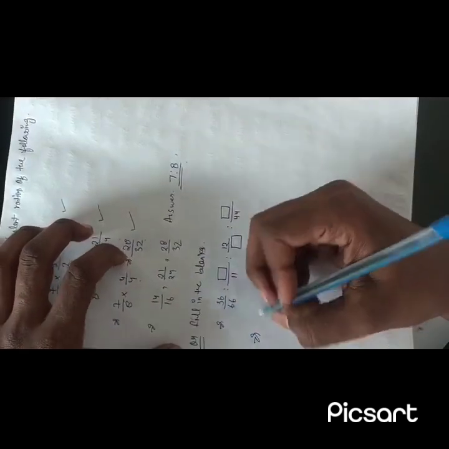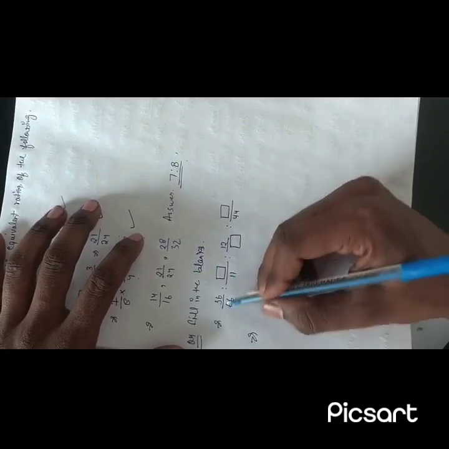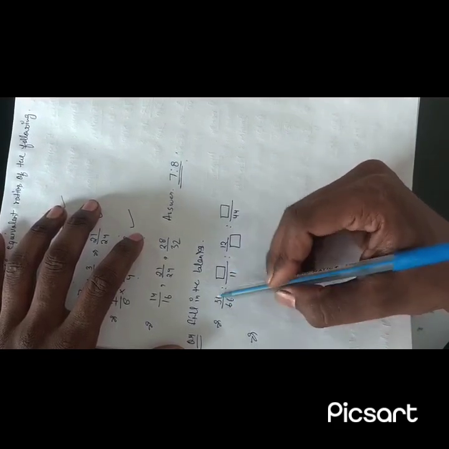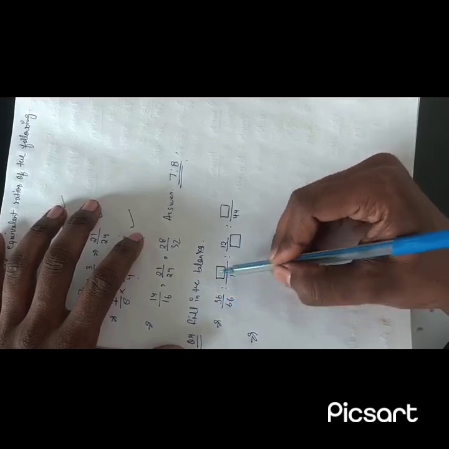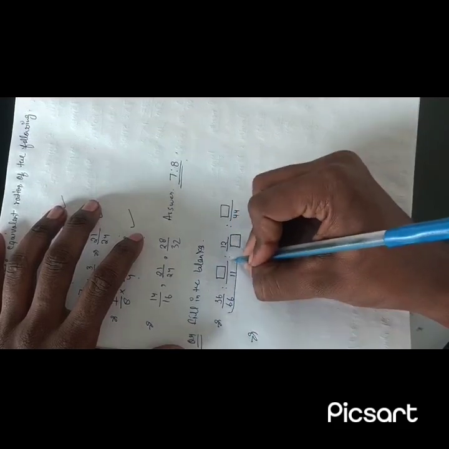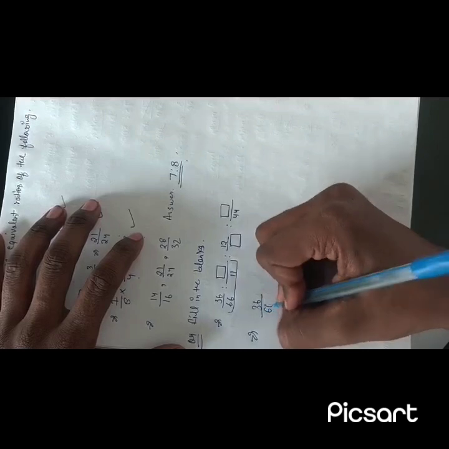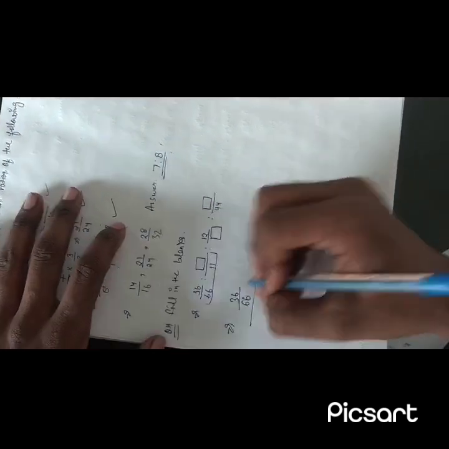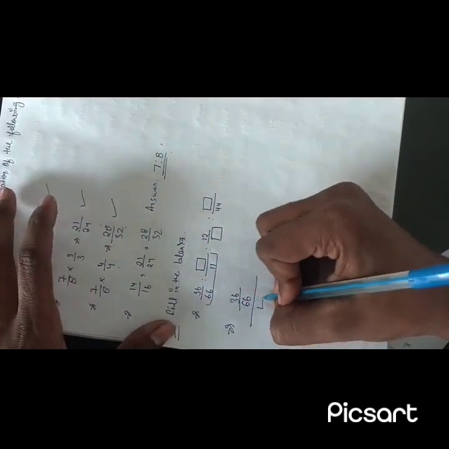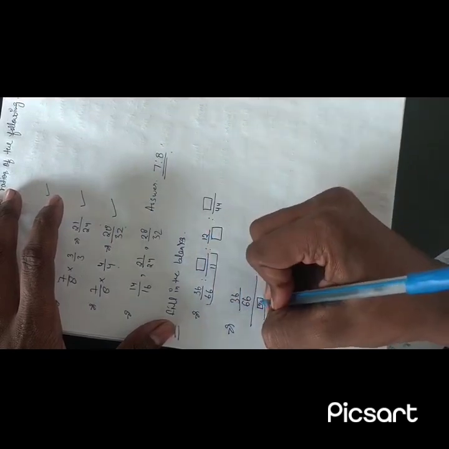So now we have to solve it like this. These both are in the ratio and they are making a pattern: 36 upon 66 ratio, and downside it is given to be 11. Suppose in this box we take x, so here it will be x.